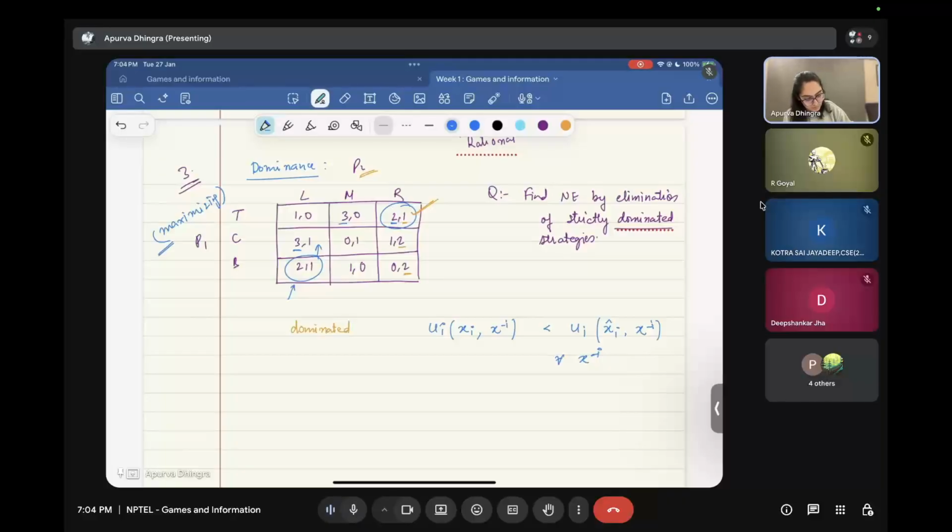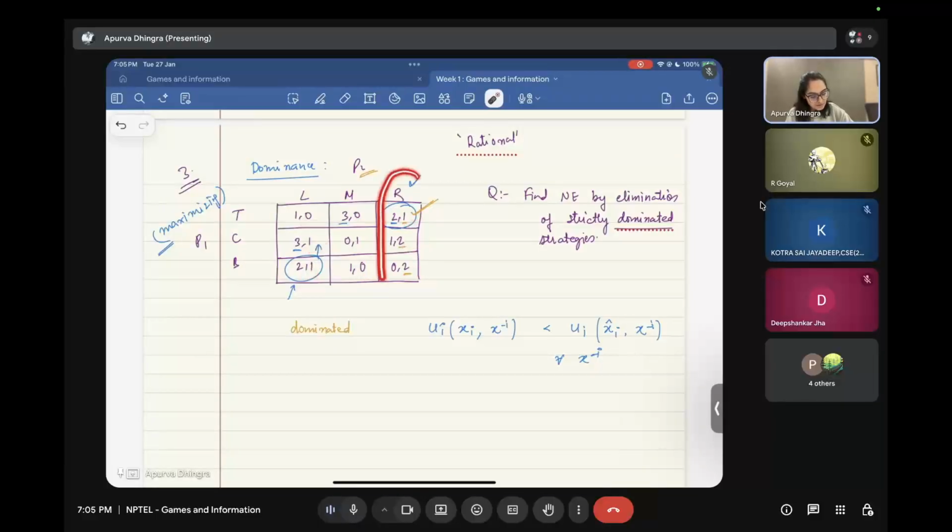Now what we are considering is, let's say we are focusing on player P2. Notice something here, P2 performed well if it took R in all the three scenarios: 1 is better than 0 or 0, 2 is better than these two.